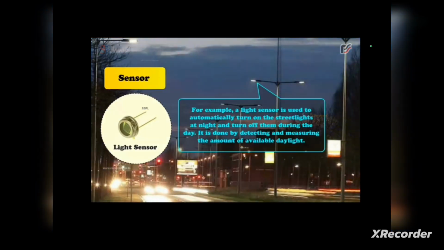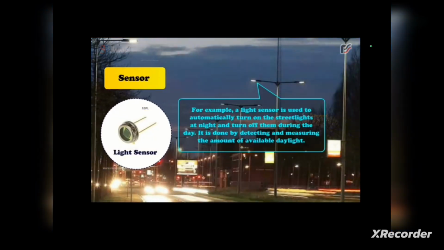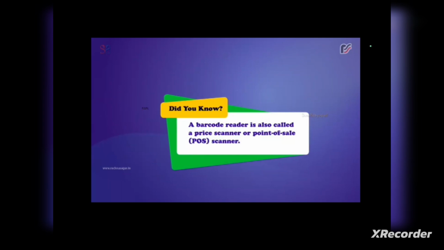For example, a light sensor is used to automatically turn on the street lights at night and turn them off during the day. It is done by detecting and measuring the amount of available daylight. Did you know? A barcode reader is also called a price scanner or point of sale (POS) scanner.